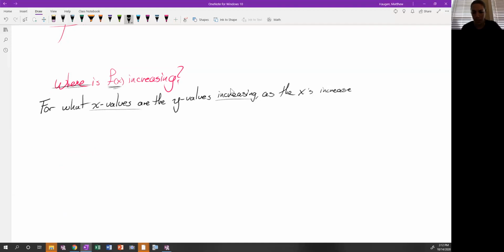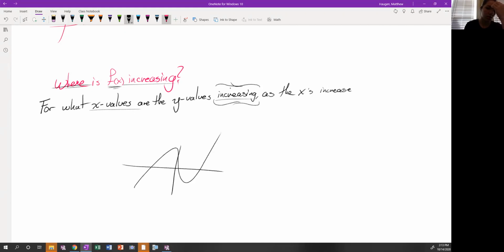Now, if it asks where's the function decreasing, the only thing that changes is this increasing to decreasing. So essentially, if you've got some graph here, some function, you're asking, as we go this way along the number line, as our x's go in that direction, what's the function doing? What are the y values doing?